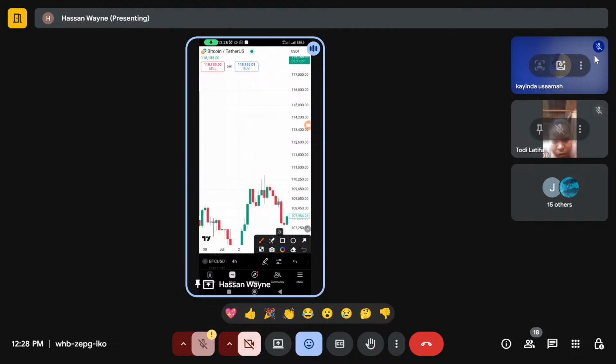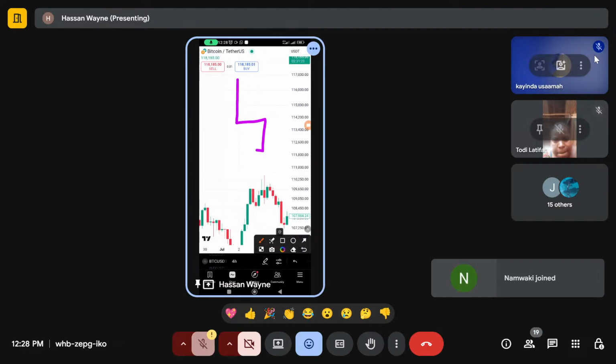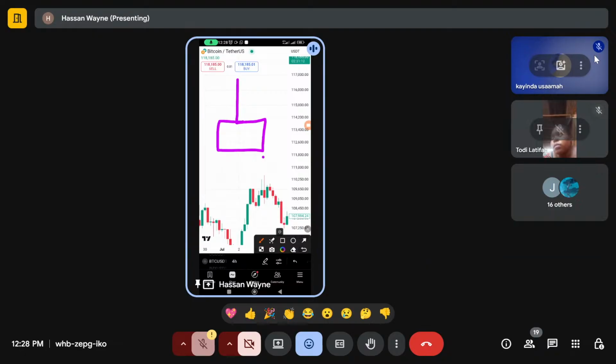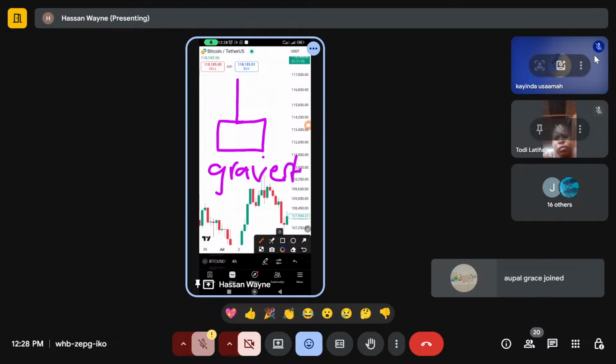Let us look for another candlestick. When you find a candlestick pattern with no wick at the bottom, that one is called a gravestone. This one is called a gravestone, with no wick down.